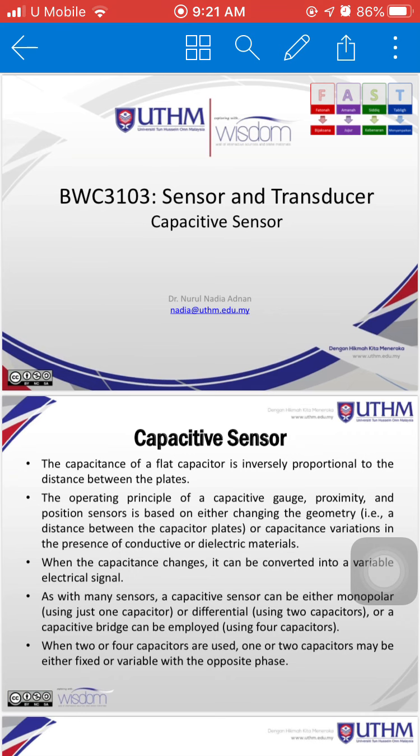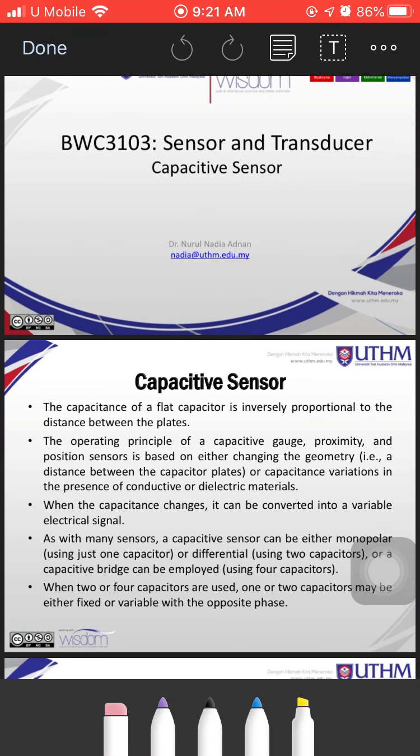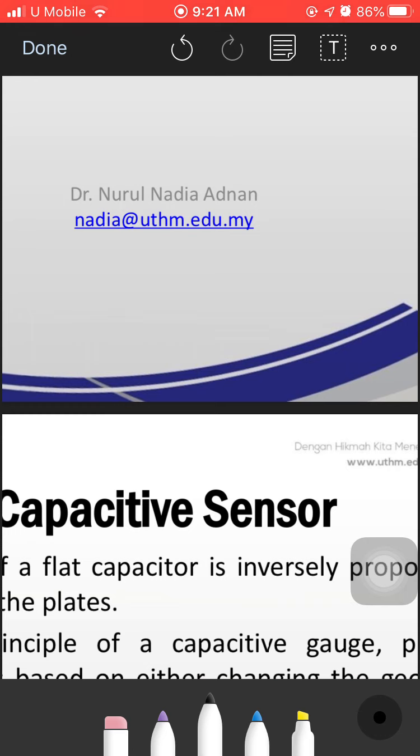We know that previously we already discussed capacitance, right? The equation for capacitance is C is equal to epsilon naught A over D. The value of capacitance depends on the dielectric material, the area, and also the distance between the plates.